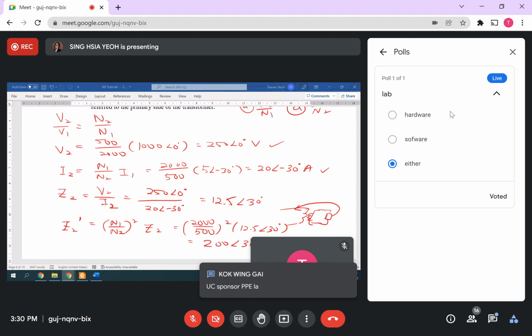For PPE, I will buy sanitizer and sanitize all of you before you enter the lab. The university sponsors PPE, not really, but because we only have one session of lab, I suggest you all do a self-test before you come to the lab.